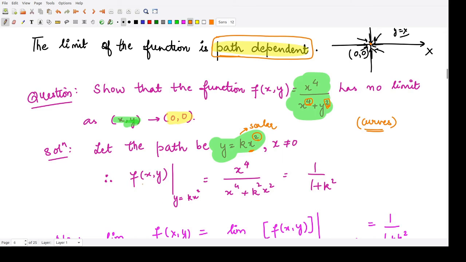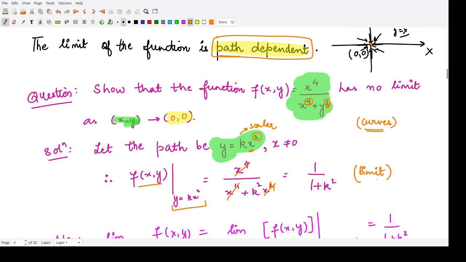So for that, in the given function we substitute the value of y is equal to kx square. So when you substitute this quantity, you would have k square and x raised to power 4 here. So this x raised to power 4 would cancel out, so you will be left with 1 divided by 1 plus k square. So now this is the value of your limit.